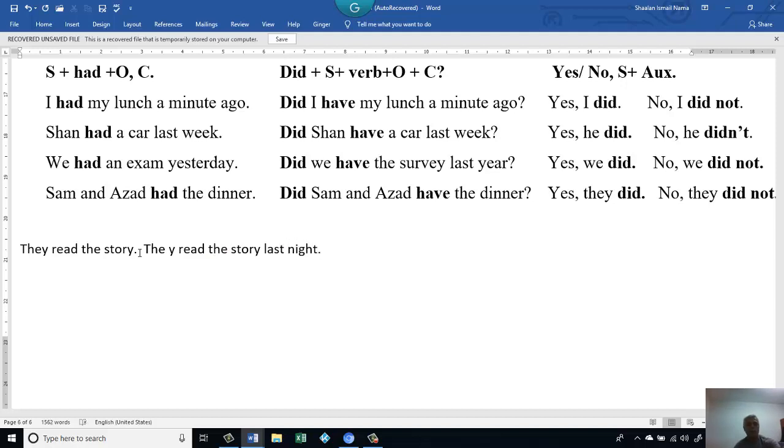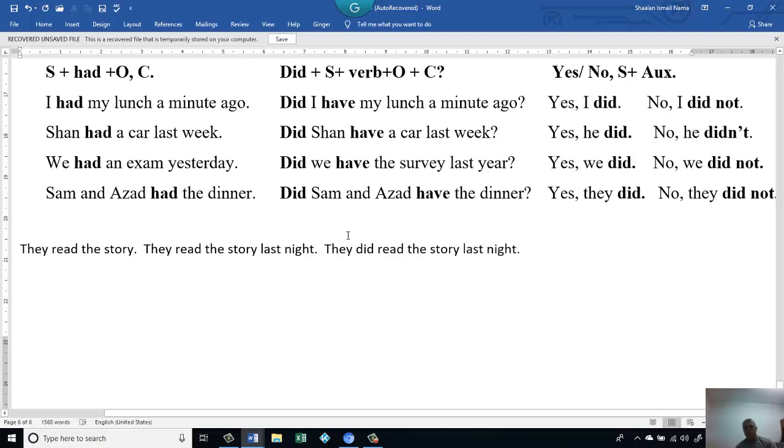Then I know definitely this read is the past, because of last night. The second solution, I could simply say they did read the story last night. If I add did, I don't need to add last night, because I know it happened in the past.